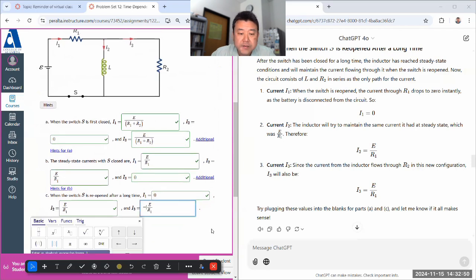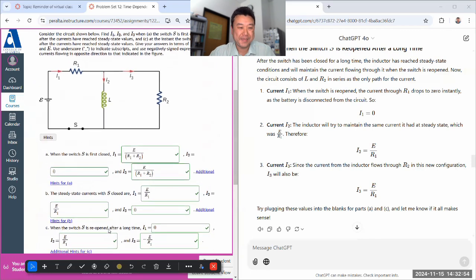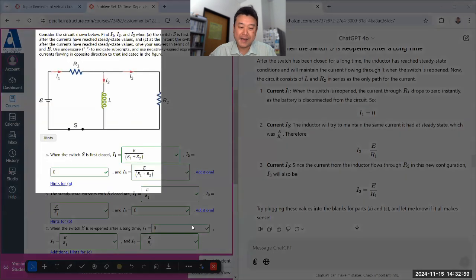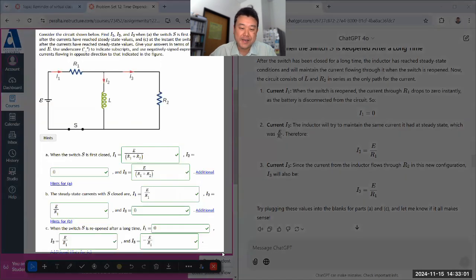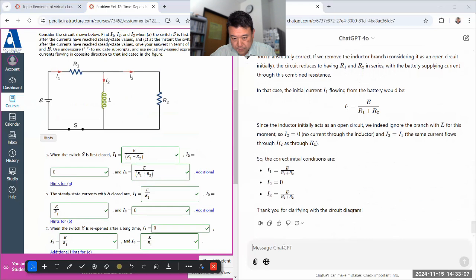There might be a minus sign. I think circuits can be really interesting because there's a lot of complexity you can bring in. All right, and see, it looks like there's a minus sign for I3 though.